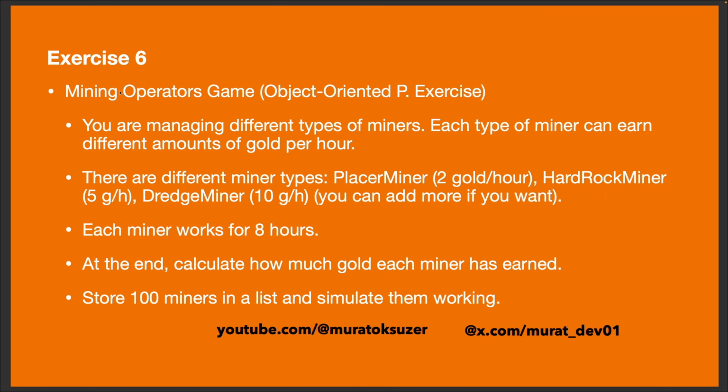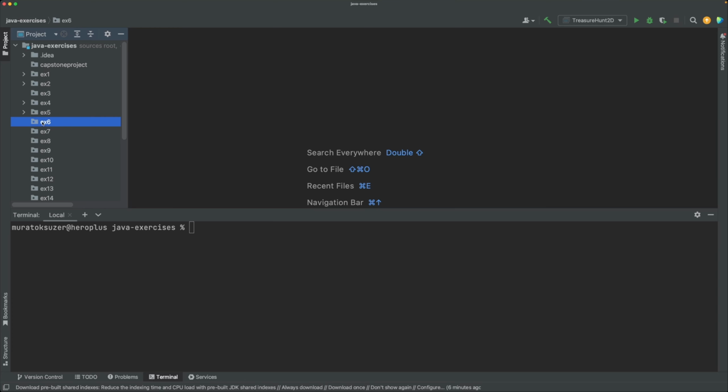Next exercise is for practicing object-oriented programming. In this mining operators game, we need to define different types of miners. Each type of miner can earn different amounts of gold per hour. We will need to define 100 of them and we'll see how much gold each earned at the end of the day.